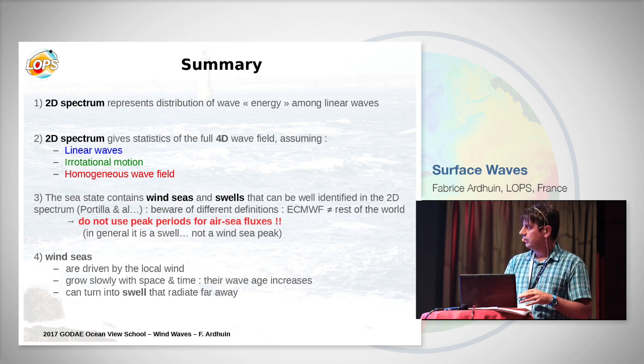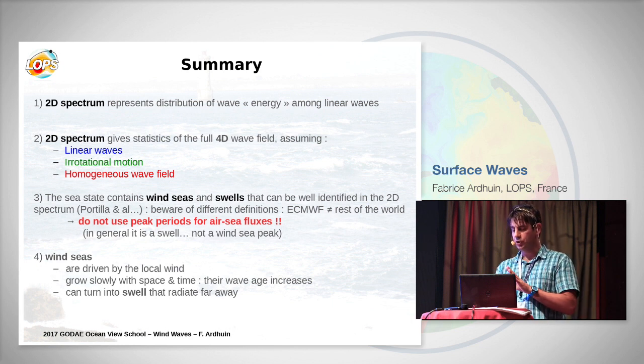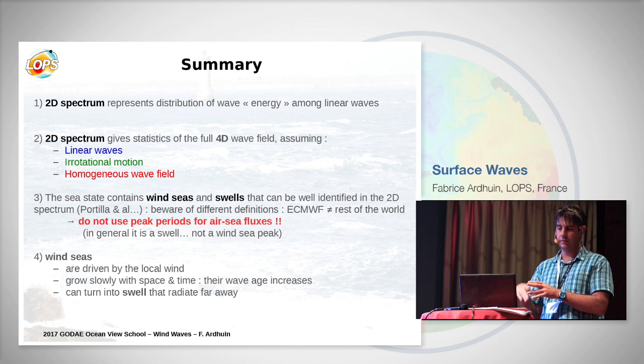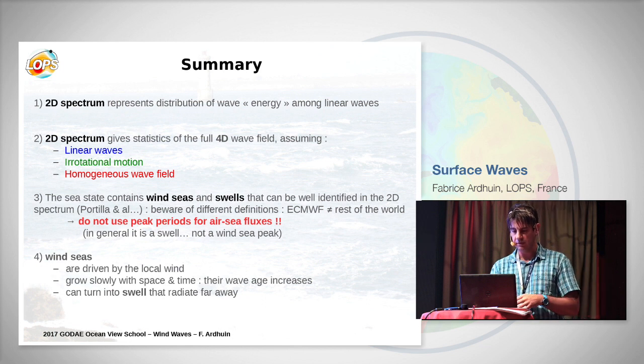Well, okay, if you take the peak period for that case, it's going to be this peak right here, which says nothing about the wind sea right there. So be very careful if you use peak periods in a parameterization, usually it's a recipe for disaster. So try to rather take the wind sea partition and do some averaging of the wave energy there, or wave period. And yeah, the wind sea is growing with space and time.